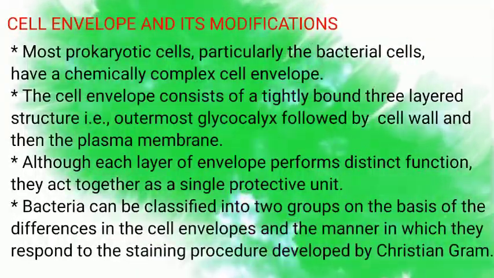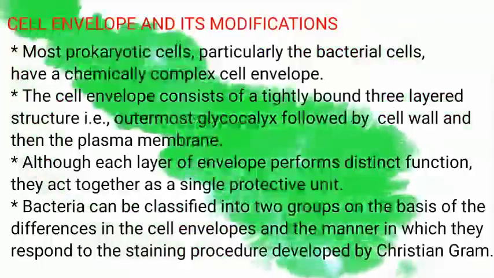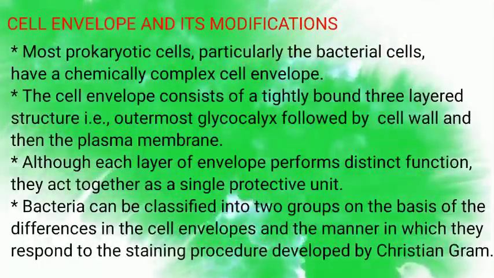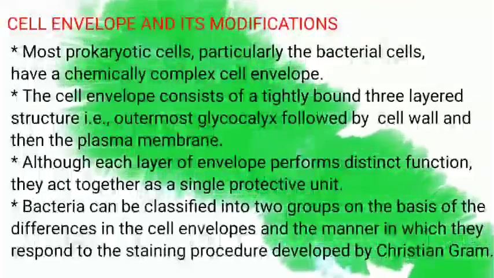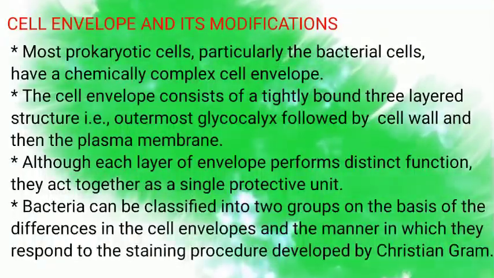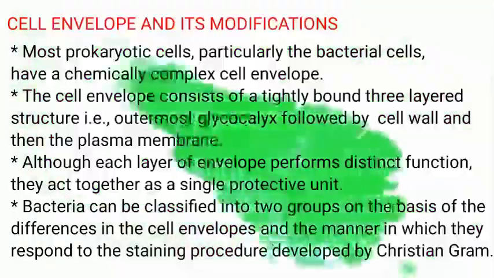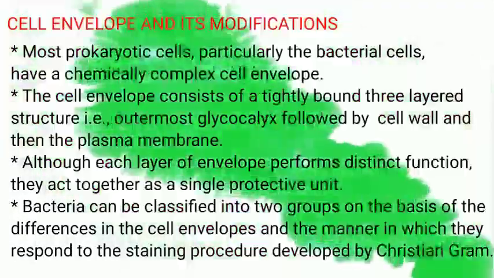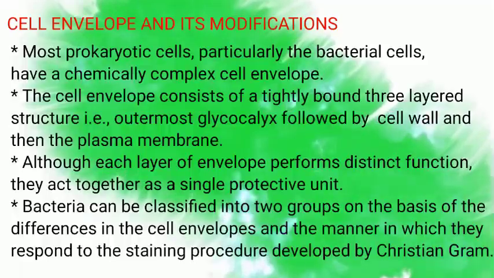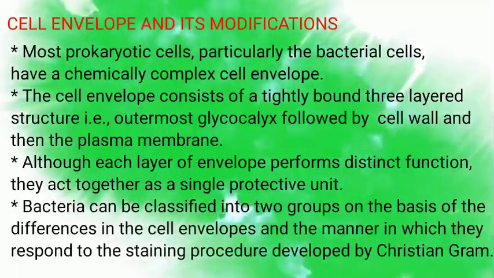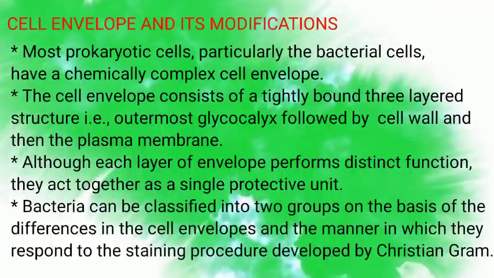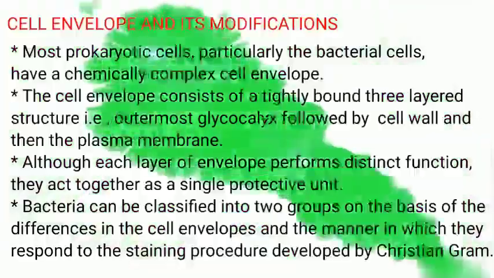Although each layer of the envelope performs a distinct function, they act together as a single protective unit. Bacteria can be classified into two different groups on the basis of the differences in cell envelopes and the manner in which they respond to the staining procedure developed by the scientist Christian Gram.